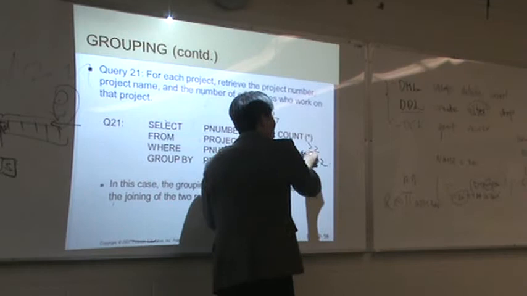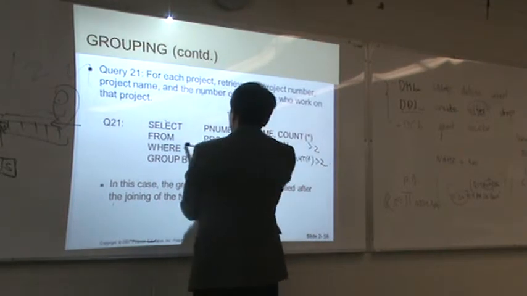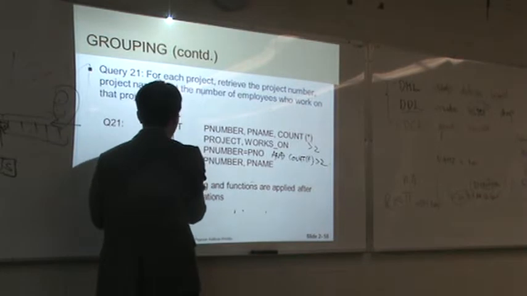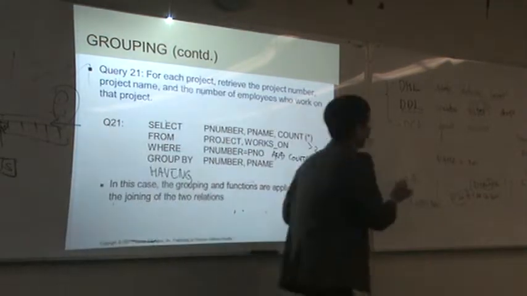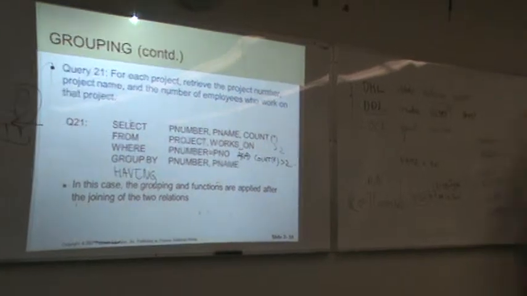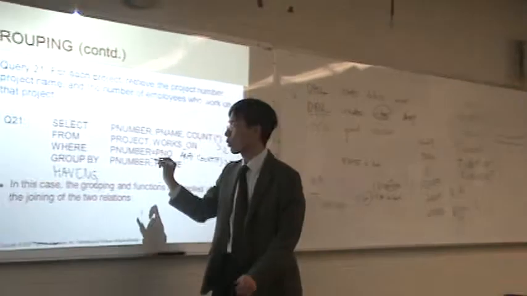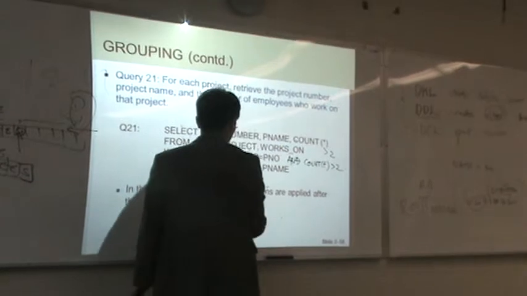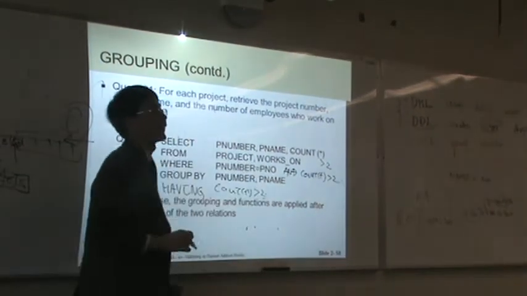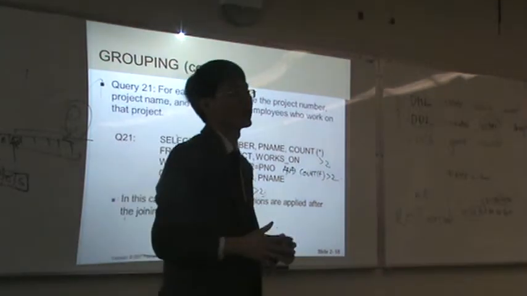So you cannot use the group by condition in this where clause. Instead, you need to specify the having clause. There's another one, having. This is the condition only for group by. So count is bigger than 2. Like that. Don't be confused.